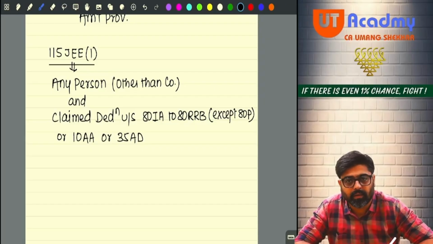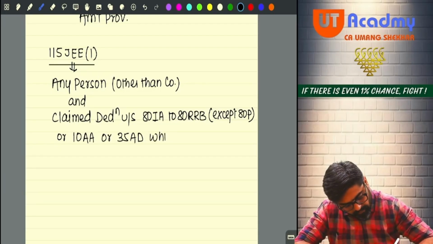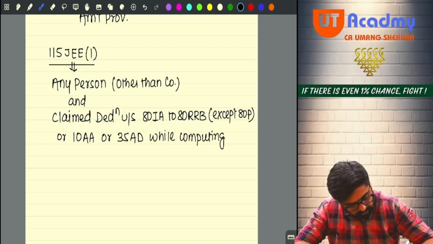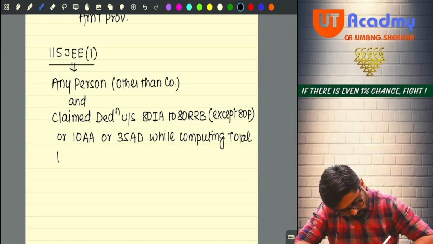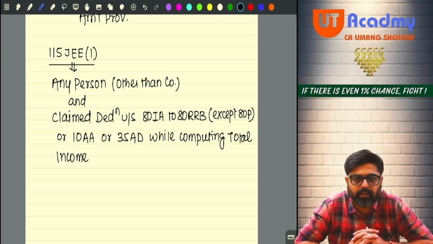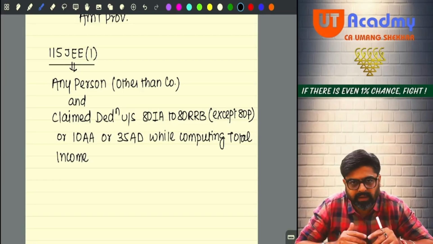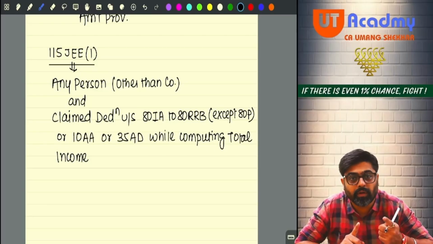If the assessee has claimed any of these deductions while computing total income, that is, if you are an assessee other than a company and during the previous year you are eligible to get any of these deductions, and while calculating your total income you have claimed any of these deductions, yes or no, then for you the AMT provisions will be applicable.